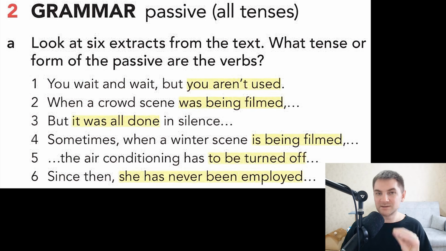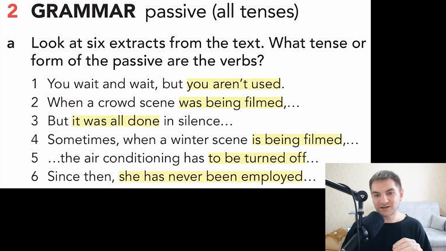Here are the instructions. Read each sentence and focus on the part of the verb that is in the passive voice. For example, aren't used, was being filmed, and so on. Your task is to identify the grammatical tense or form. Choose from present simple, past simple, present continuous, past continuous, present perfect, or infinitive.